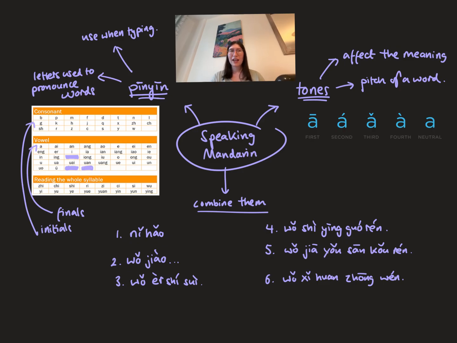I, again, can change its sound depending on which initial it's combined with. If we put it with a Z or a C, it sounds very minimal. So ci, or zi, sounds more like an e sound. But if we combine it with SH or CH, it's going to sound like sh.